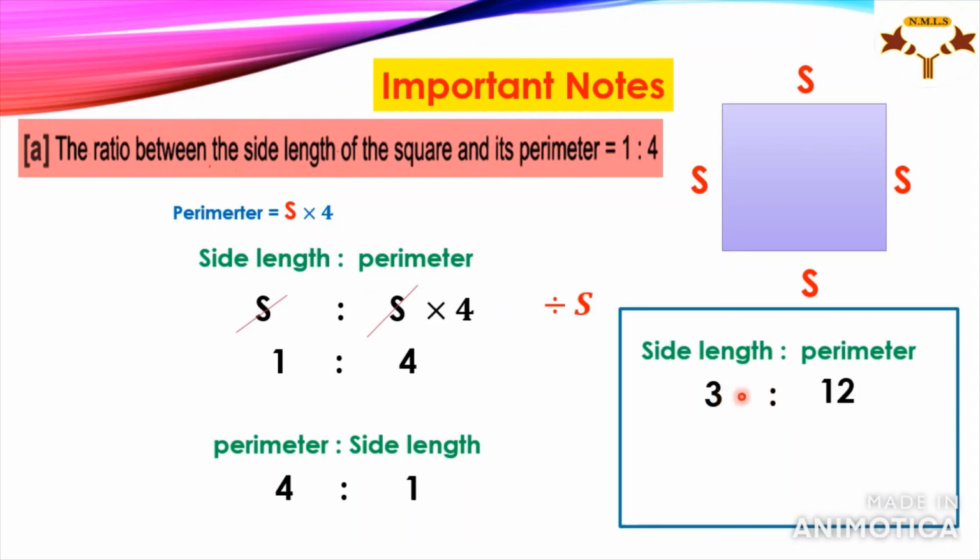So I know that the side length to perimeter, the side length here in the example, is 3 to 12, which is side times 4 equals 12. Let's simplify. Divide by 3. So the ratio will be 1 to 4. Every time you find this question, the answer will be 1 to 4, or 4 to 1, according to the order of the side length or the perimeter, or the opposite.